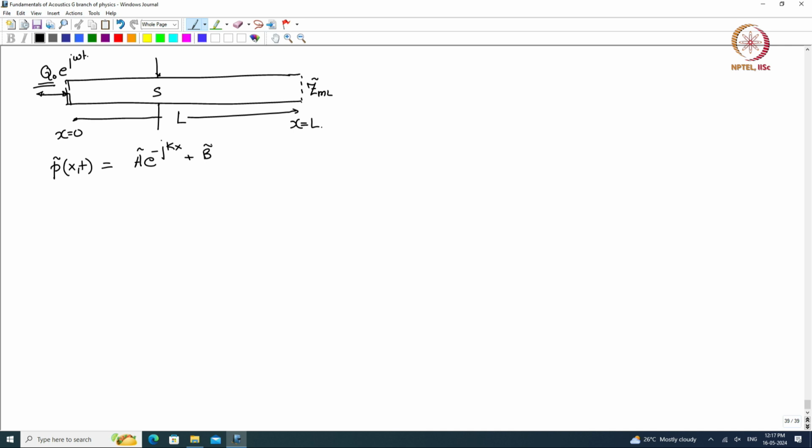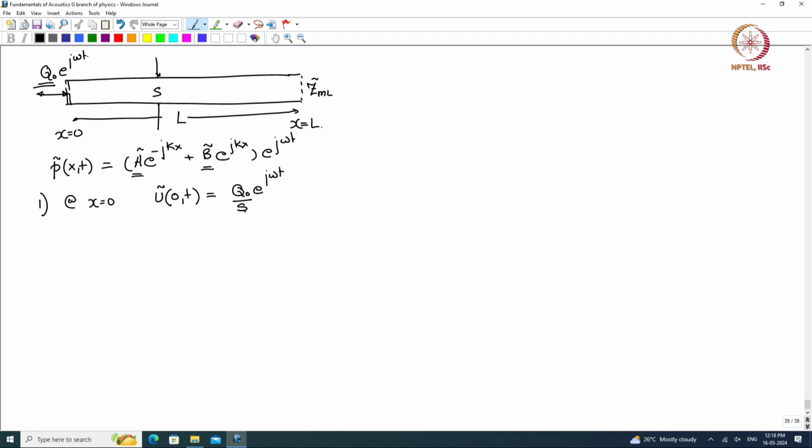Plus b tilde, so we need two boundary conditions. Okay, so one boundary condition, what is it? At x equal to 0, the particle velocity at x equal to 0 is this volume velocity Q0 e to the power j omega t divided by the cross section area.